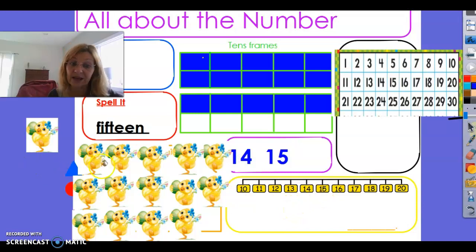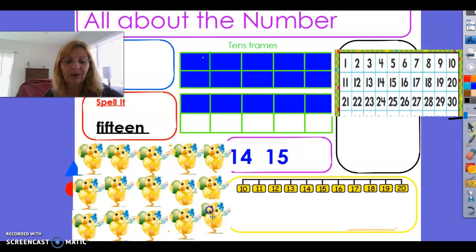Because think about it. We could count them. 1, 2, count with me, 3, 4, 5, 6, 7, 8, 9, 10, 11, 12, 13, 14. 1 less than 15 is 14. Beautiful, boys and girls. I'm just going to put him back so we have him for later.